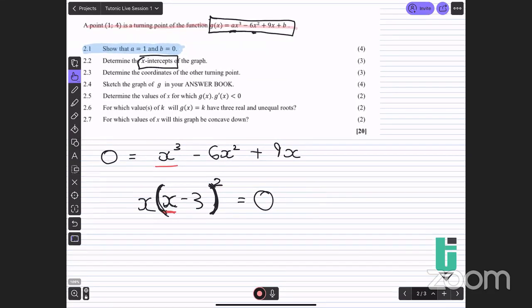So now it says the coordinates of the other turning point. Now they're telling you that (1, 4) is the one turning point, right? My question to you, what's the other turning point?